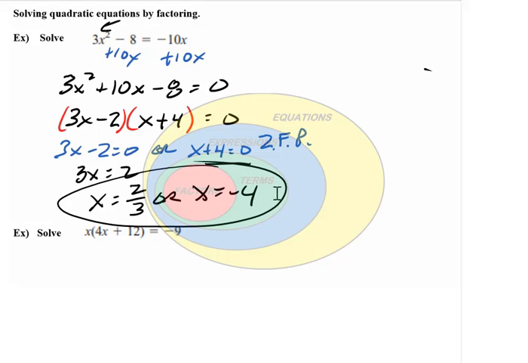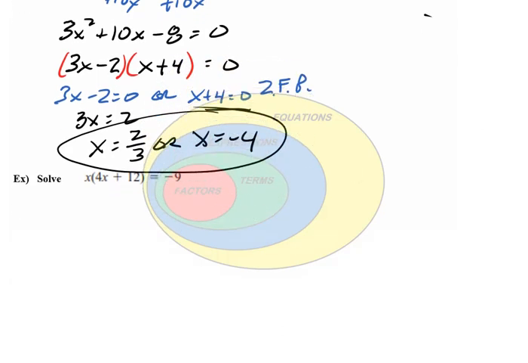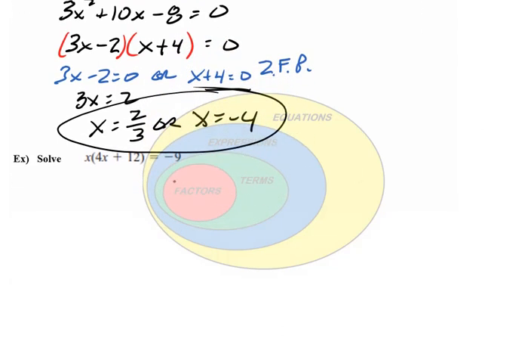Okay, and then finally the last one, you notice this starts out as x times the quantity 4x plus 12 equals -9. So the first thing I need to do is expand to write in standard form.